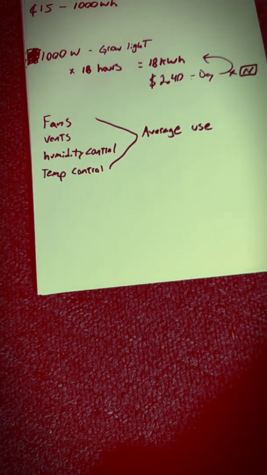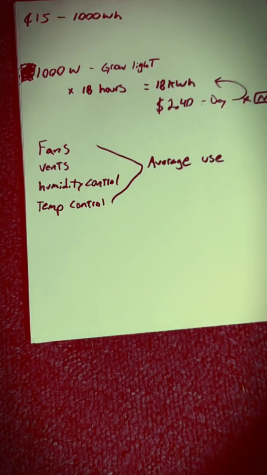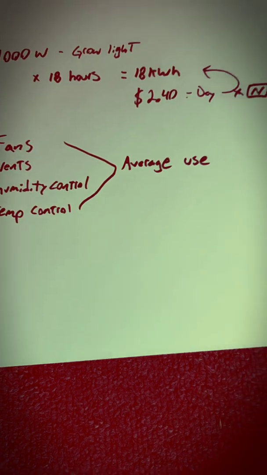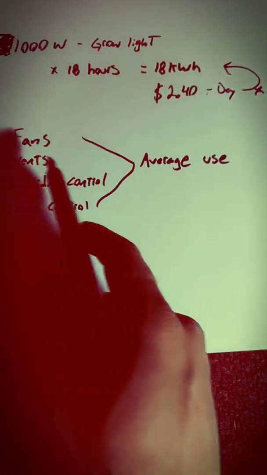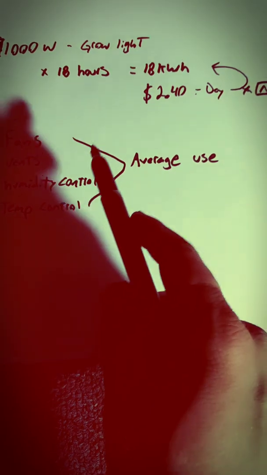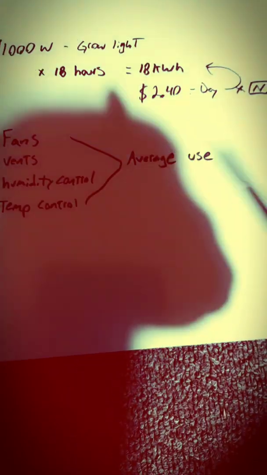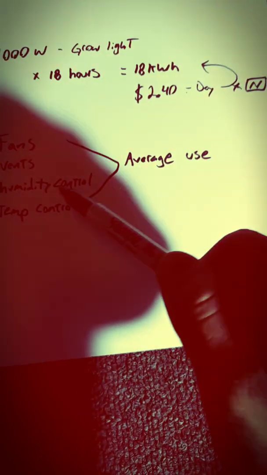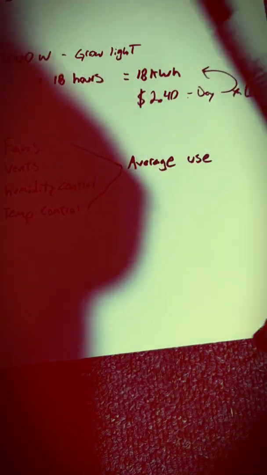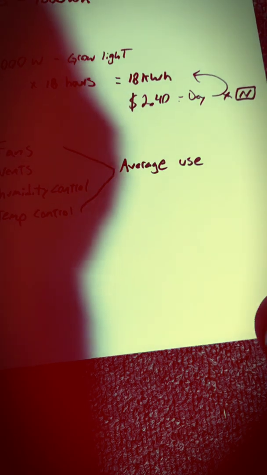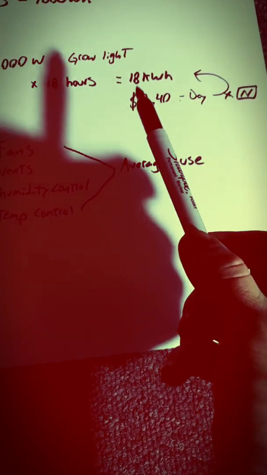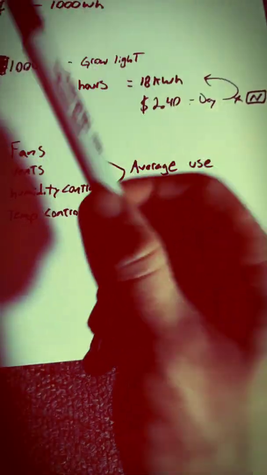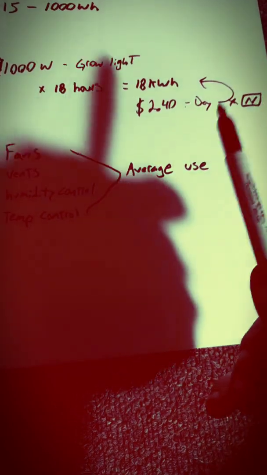That's basically just a very quick rundown on how you guys would figure that out. Obviously, after you get your average use in hours per day, you would just do the same calculation. Take your watts, times it by your hours, put it into kilowatt form, times that number by what you pay for a kilowatt hour. That gives you what you have in a day.